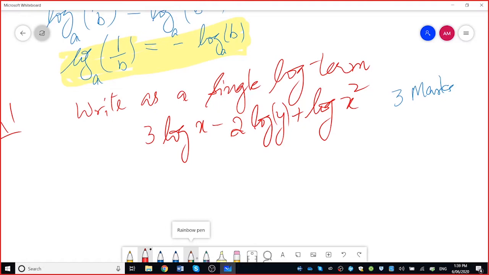When I'm writing it as a single term, can the numbers be on the outside? It's your choice.